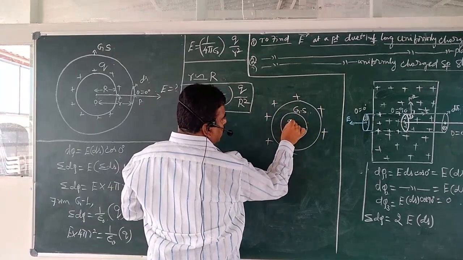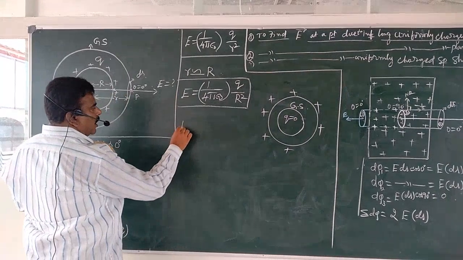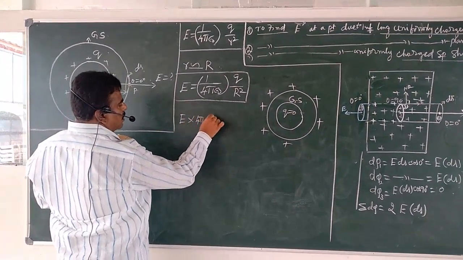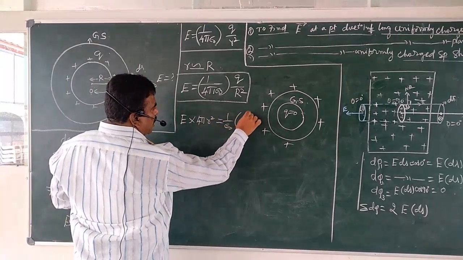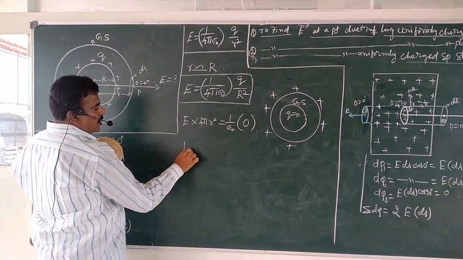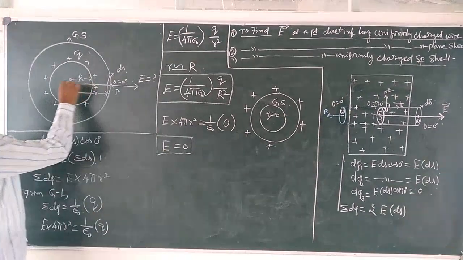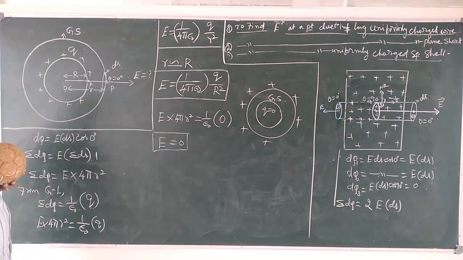Okay? The charge enclosed by the Gaussian surface is 0. Therefore, the total electric flux, E into 4 pi r square, equals 1 by epsilon times the charge enclosed, which is 0. Therefore, electric intensity inside the charged shell is 0.